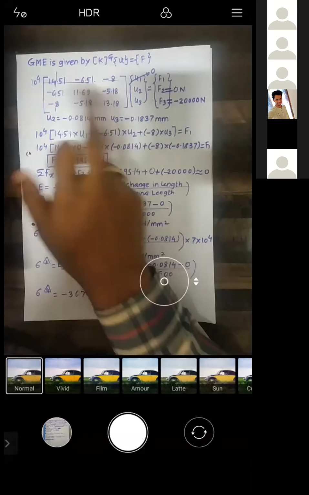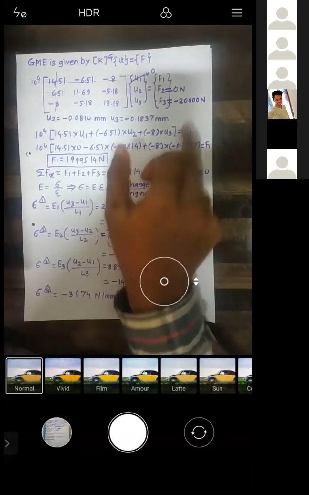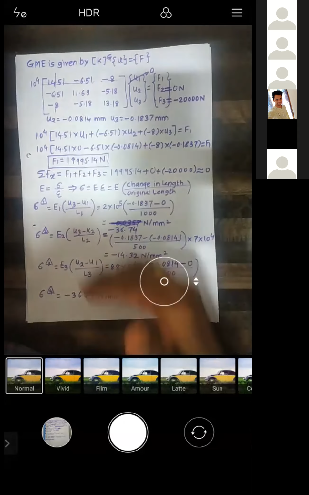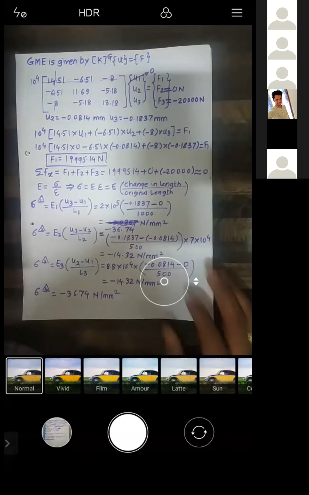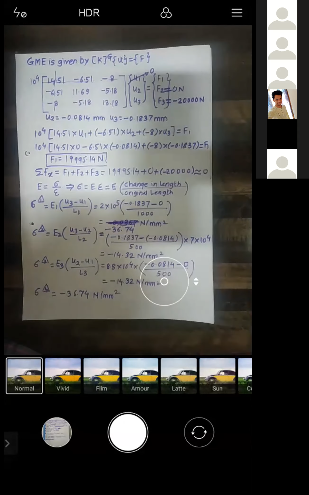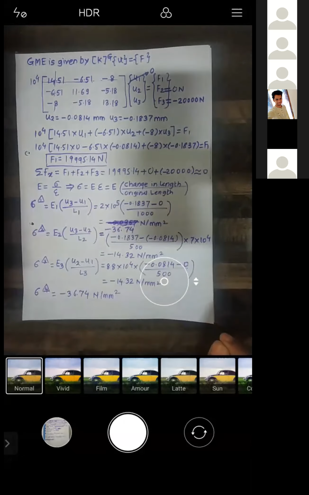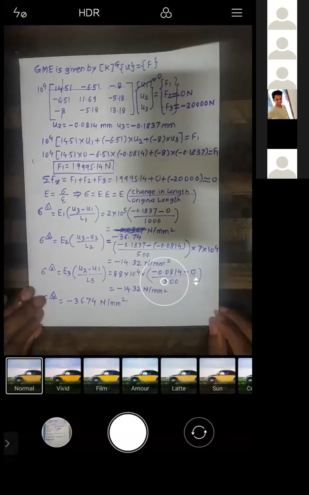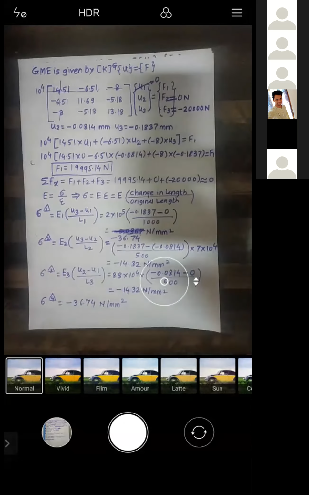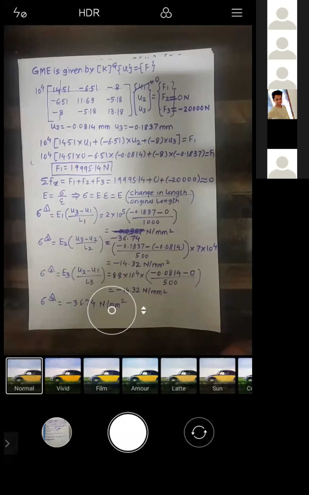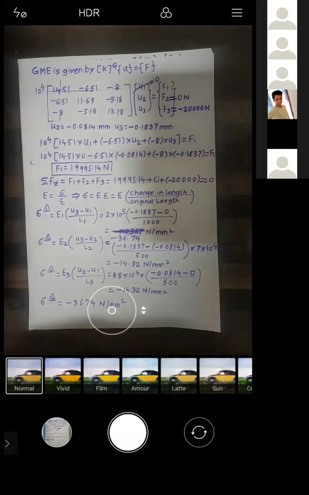But if you make a mistake in calculating displacement, obviously it is going to vary your answer drastically. So whenever you're doing the calculation, take proper care. Some of the calculations I'm showing you how to do in a calculator also, so pay attention to that too. Is it okay? All of you understood? Yes, sir.